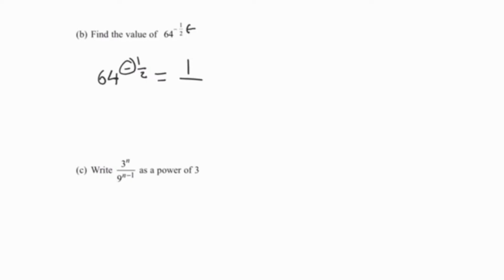So we have 1 over 64 to the half. Then at this stage, you just deal with this fractional power. So what does the power of a half mean? Well, that means take the square root of it. So we have 1 over the square root of 64, which is just equal to 1 over 8, because the square root of 64 is 8.